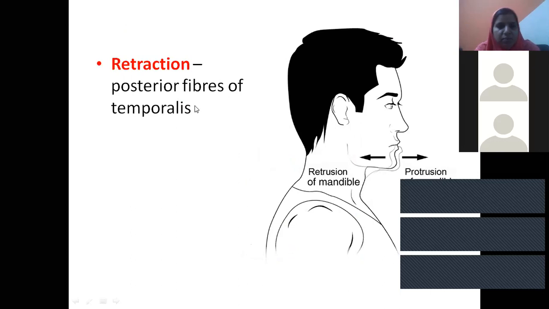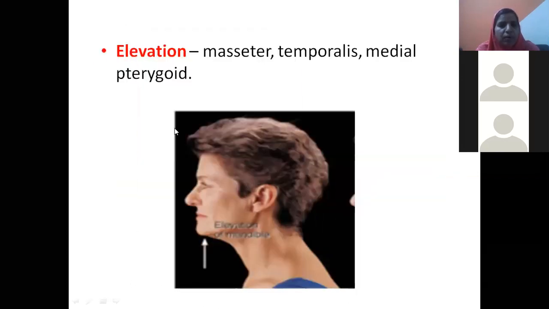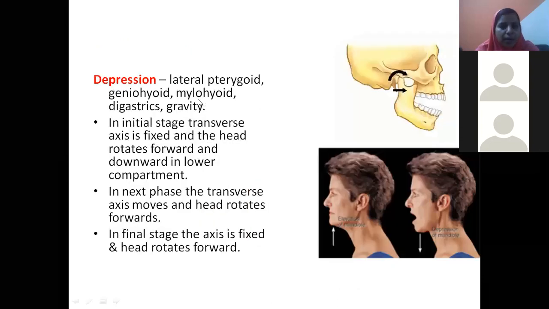So retraction, posterior fibers of temporalis. Then elevation, masseter, temporalis, medial pterygoid. Depression, I told you this is the only muscle which helps in opening of the mouth, lateral pterygoid. Along with that, you can write many other muscles like geniohyoid, mylohyoid, digastric.